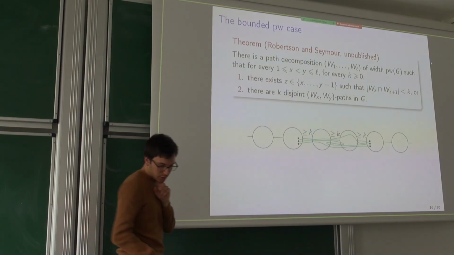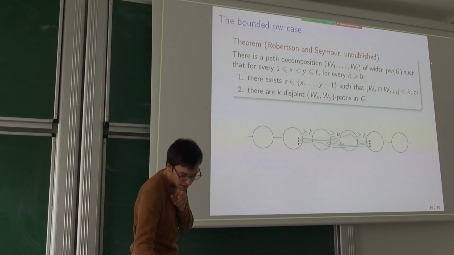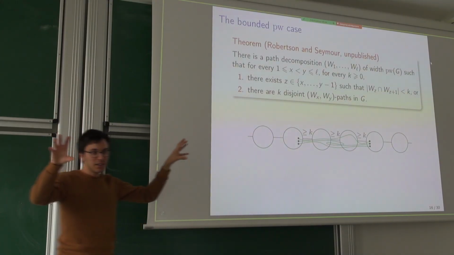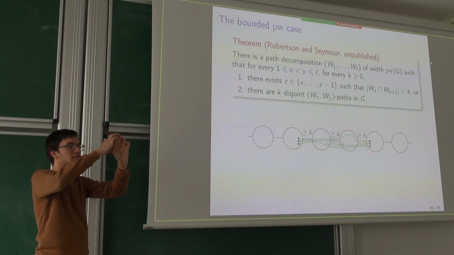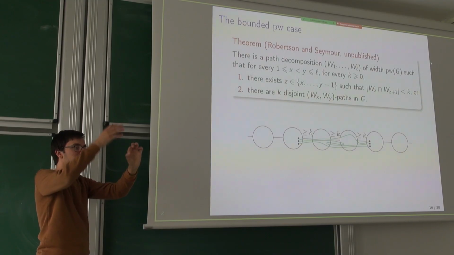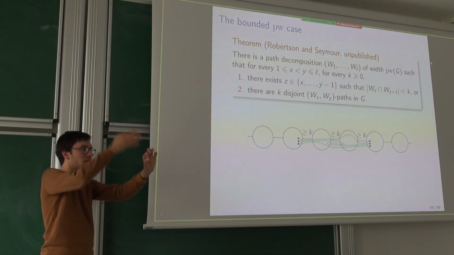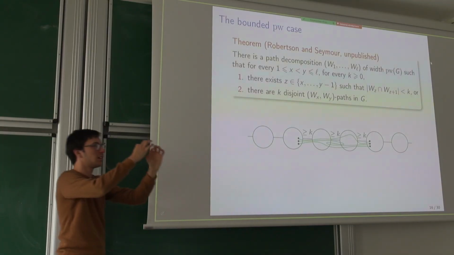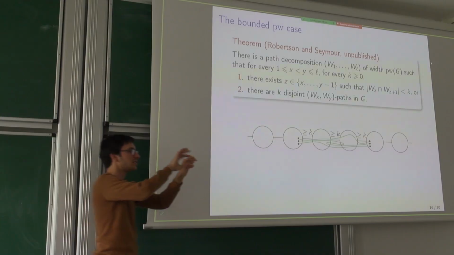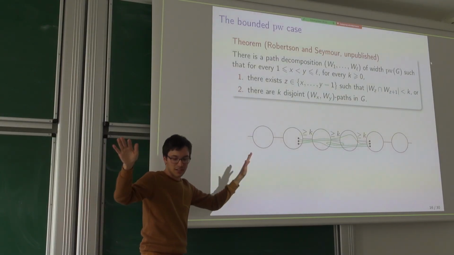So this connectivity property says that for every integer k, when I take two distinct bags, either I find two consecutive bags between them whose intersection is smaller than k, and in this case, this gives a cut of size less than k between my two bags. This is a property of path decomposition. When you take the intersection of two consecutive bags, that's the cut between the left and the right side.